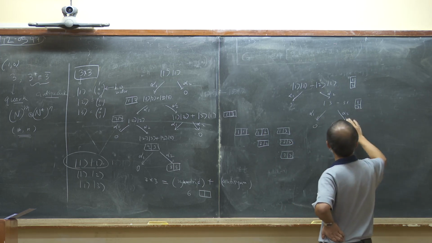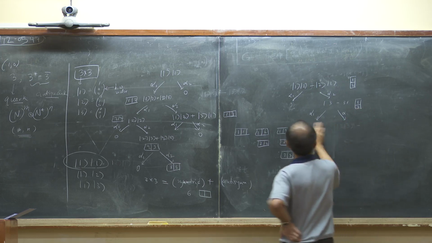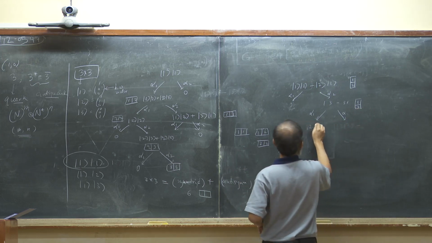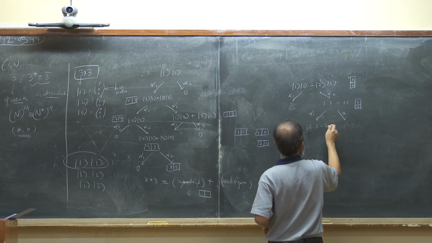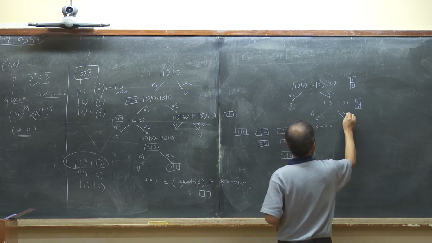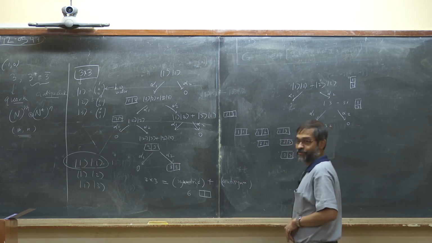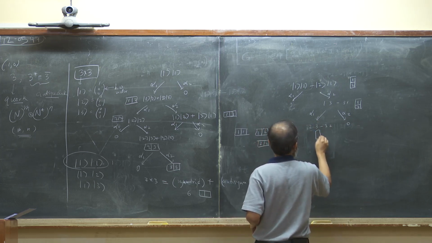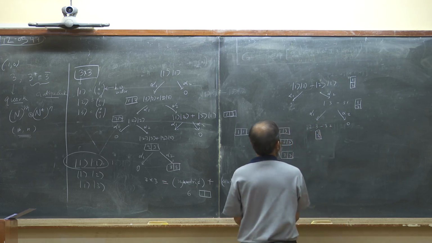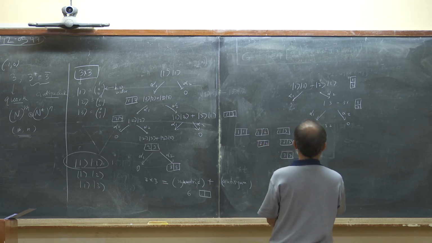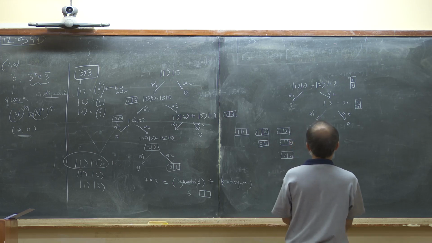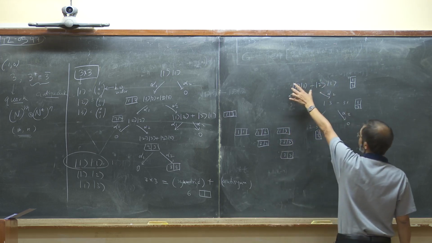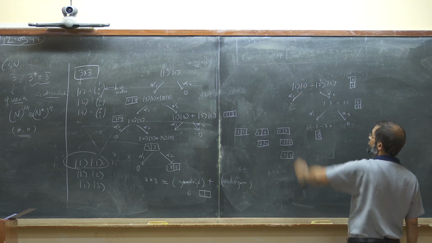Oh, excuse me, thank you. So this is 2, 3 minus 3, 2, and this is 0. Thank you. Good. So this guy I will call 2, 3.